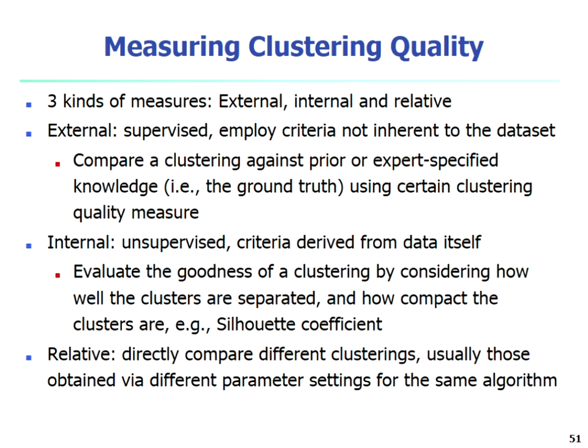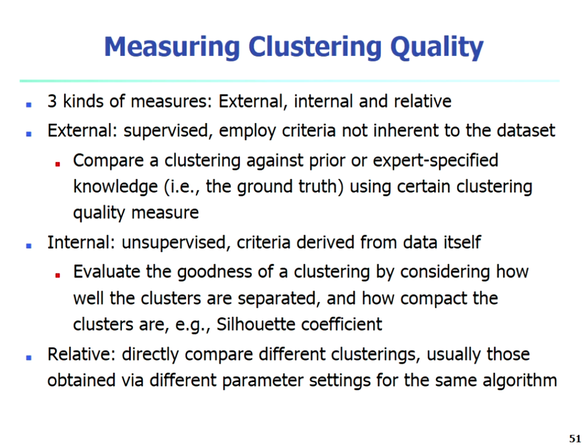In relative, we will compare different clusterings. That means I will use this algorithm, or another algorithm, to obtain many clusterings. For example, if I use k-means, I can use different values of k, so different parameter settings for the same algorithm.